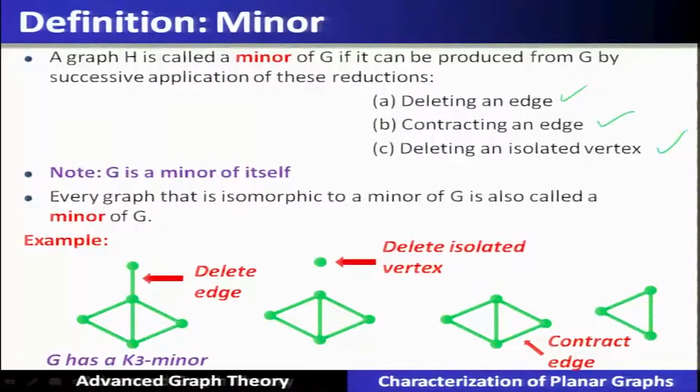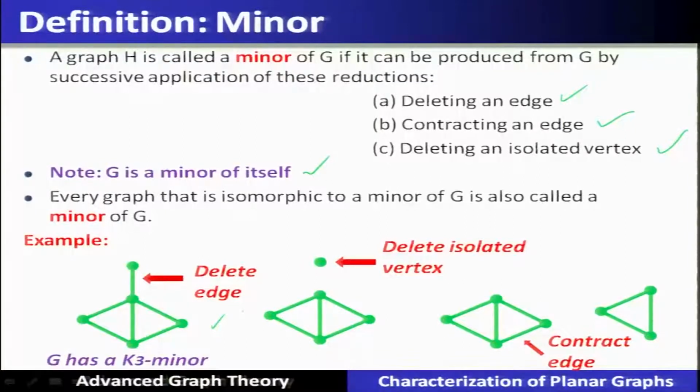So, with these three reductions, a graph obtained out of a graph G is called a minor of that graph. Graph G is a minor of itself if none of these operations are performed. Now, every graph that is isomorphic to a minor of graph G is also called a minor of graph G. Now, let us see non-trivial cases.